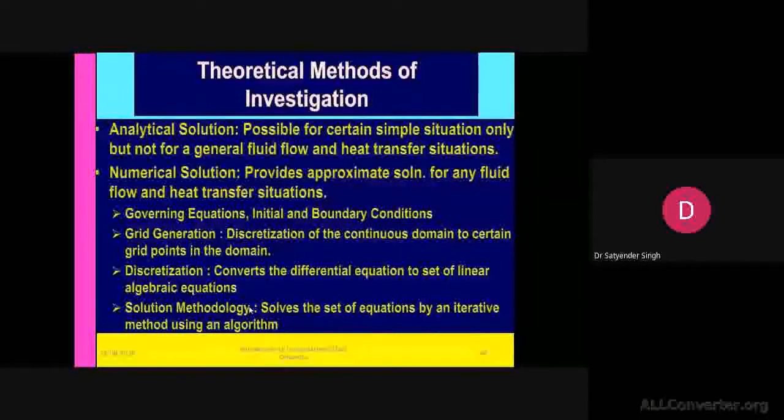So what does a numerical solution involve? It involves the governing equations, then initial and boundary conditions, and grid generation. Grid generation is like discretization of the continuous domain into certain grid points in the domain.